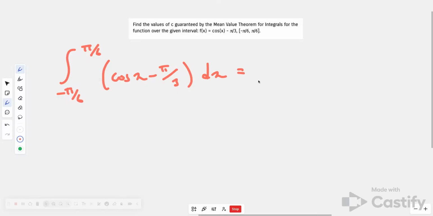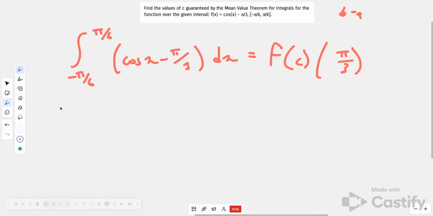And this is going to be equal to f of c times b minus a. In this case, b minus a would be pi over 6 minus negative pi over 6, which is pi over 6 plus pi over 6, which is pi over 3. And then we just have to solve this left-hand side, and then progress with the next step.